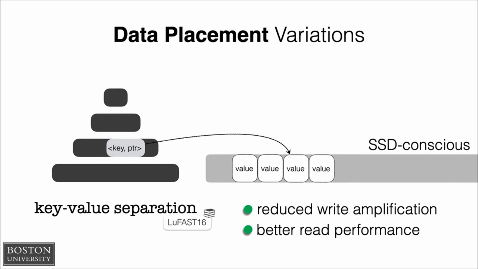Now, there is an argument that this might increase the random read costs. But if we can do it in an SSD conscious way, sharding the values across several chips in the SSD, we might take advantage of the properties of the SSD itself and have better query performance. So we are reducing the write amplification in the actual tree, but at the same time, using the benefits that SSDs offer, we are gaining in terms of query performance. So overall win-win.